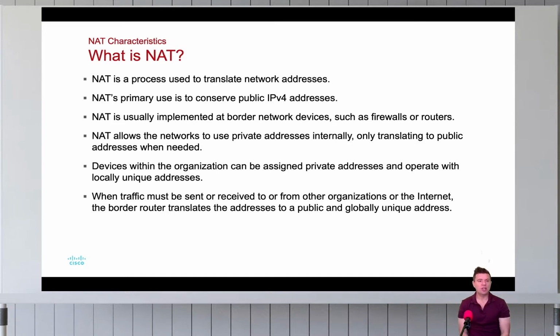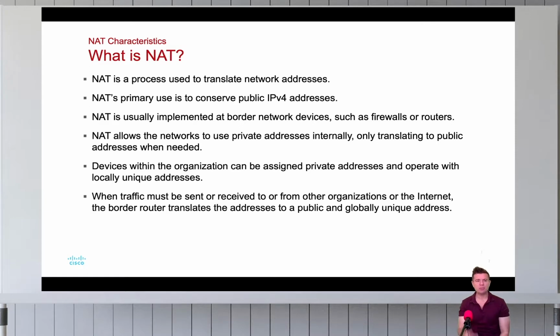Devices within the organization are all assigned private addresses because the addresses are still unique locally. They don't need to take part in any form of address translation. So network address translation doesn't actually affect communication between your devices on the inside of your network.